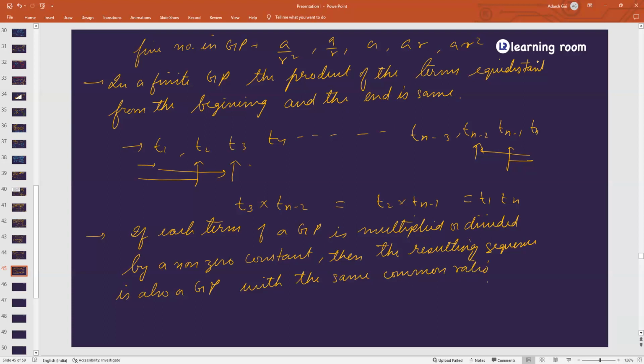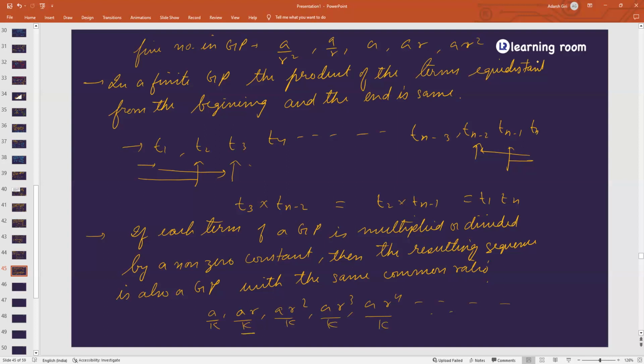Okay. So if you take any numbers A, AR, AR square, AR cube, AR to the power 4, and so on, if you have taken a GP like this, and each number is divided by a certain constant K, the resulting sequence will also be a GP. Why?